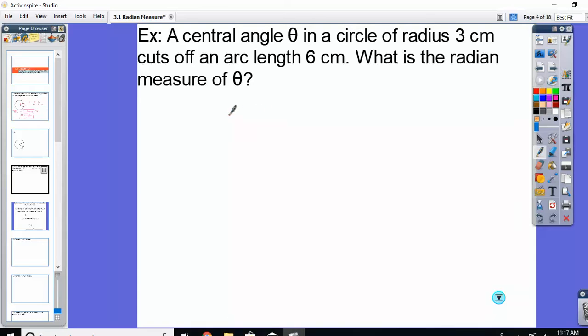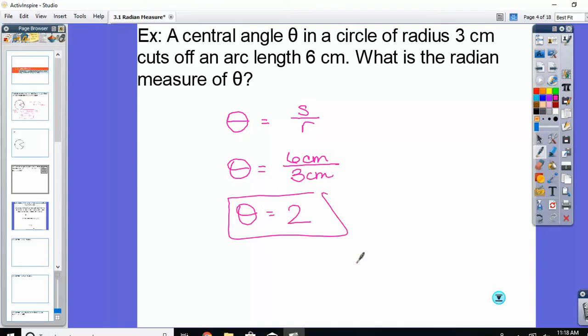Theta is your S divided by R. Arc length divided by radius. What's our arc length? 6 centimeters. What's our radius? 3 centimeters. So what's theta? Theta equals 2. And I don't have any unit there, so it's 2 radians.